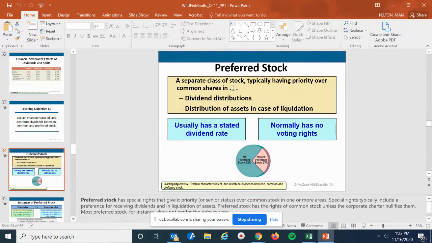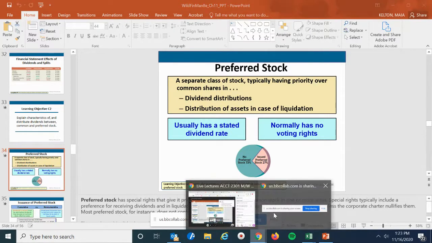So the dividend distributions will be offered to preferred stockholders first, and then common stockholders will receive their dividend. Another important difference between preferred and common stock is that common stockholders are the ones who have voting rights, but preferred stockholders don't.